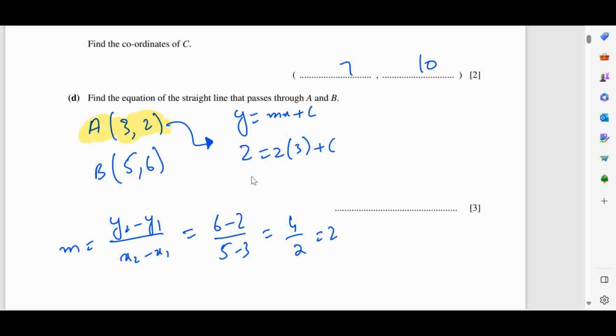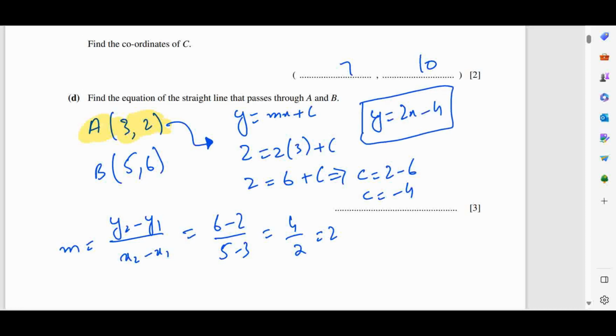If we simplify it further, 2 is equal to 6 plus c, so c will be equal to 2 minus 6, c will be equal to minus 4. So finally y is equal to 2x minus 4 will be the final answer.